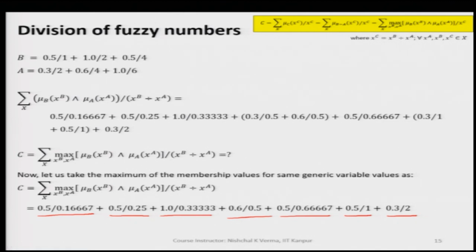So, we have got here this out of the division of fuzzy number B by fuzzy number A.